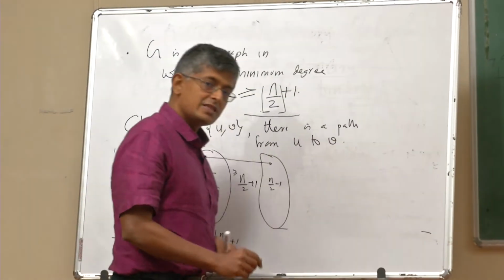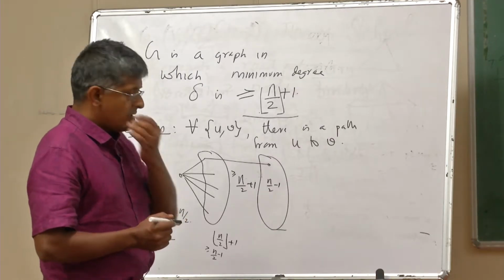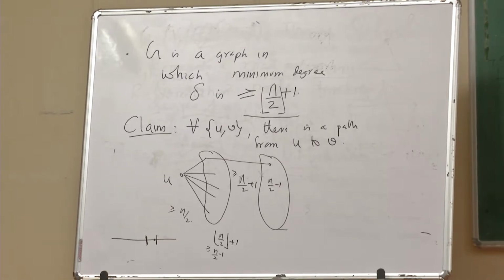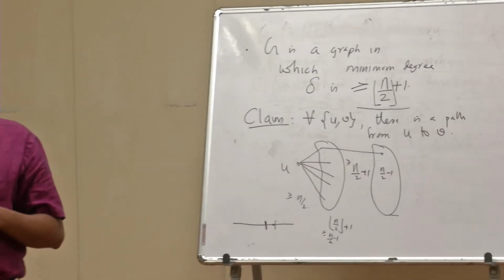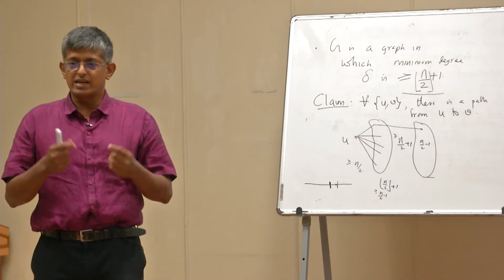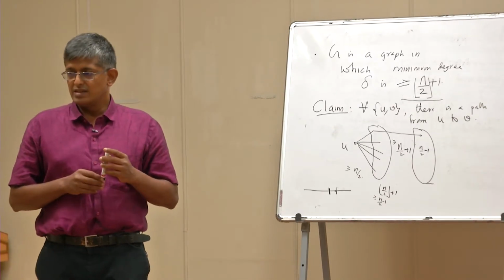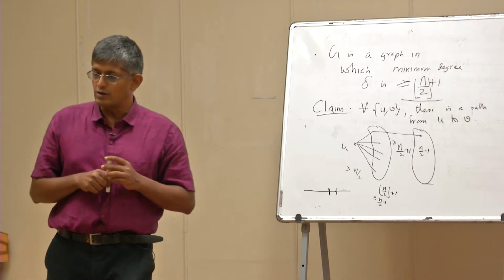You can also prove something stronger, which we have actually done. We can ask, how long is the path between any two? Is it possible that the length of the path between any two is more than some bound? What is the length of the shortest path? How many edges are there? Is it 3, 4, 5, 6, or what is it between any two?